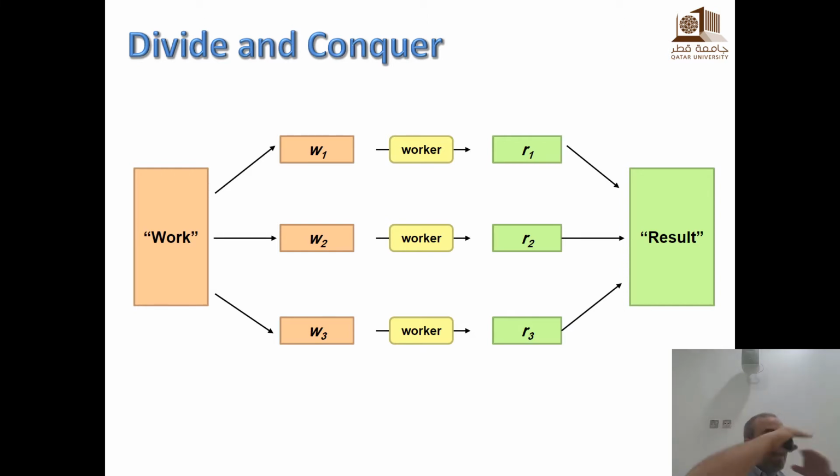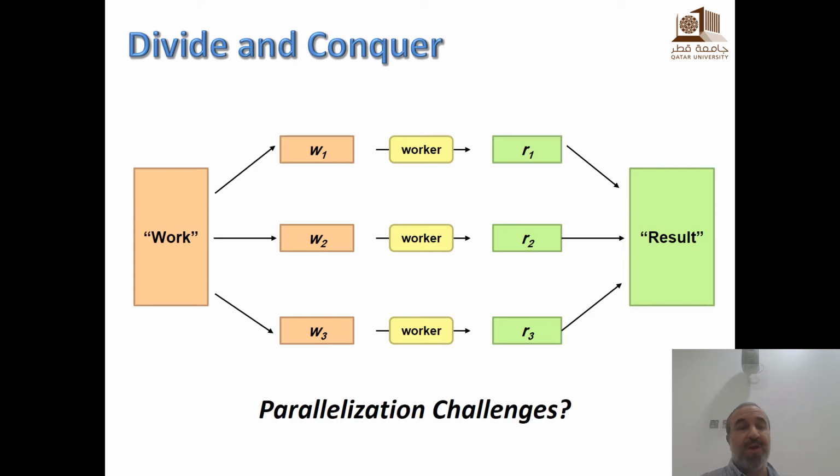We assume that we are able to divide the data into pieces, and then we process each piece independently, separately. And when we do that, we produce some intermediate output, which is ours here, and then we combine at the end. So what are the challenges that we can face when we have a solution like that? Of course, this is a very abstract solution, but still we can think of what problems we can have when we have large data. Yes?